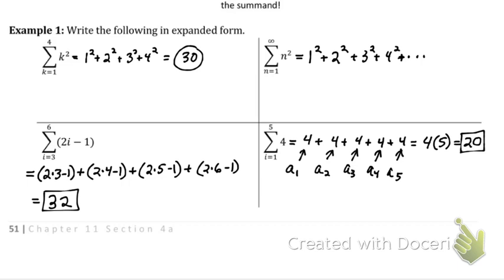Don't worry about changing up the formula. I think the easiest thing here is to know how many terms you have. I have 5 terms. If we had i equals 2, I would have 4 terms, and we'd add 4 four times. If I had i equals 3, I would have 3 terms, so we'd add 4 three times. You've got to know how many times you're going to count 4. That was a really good question.